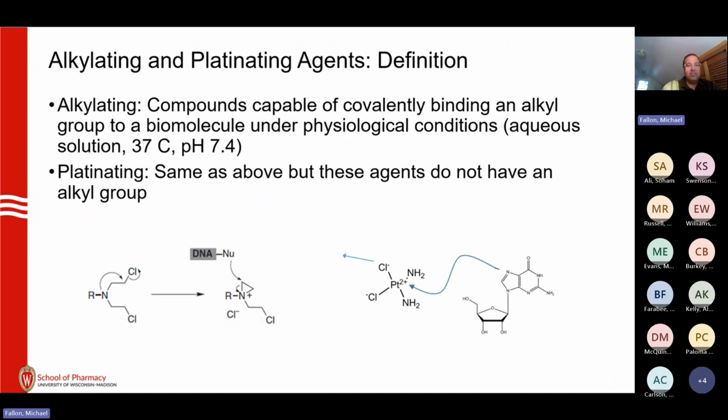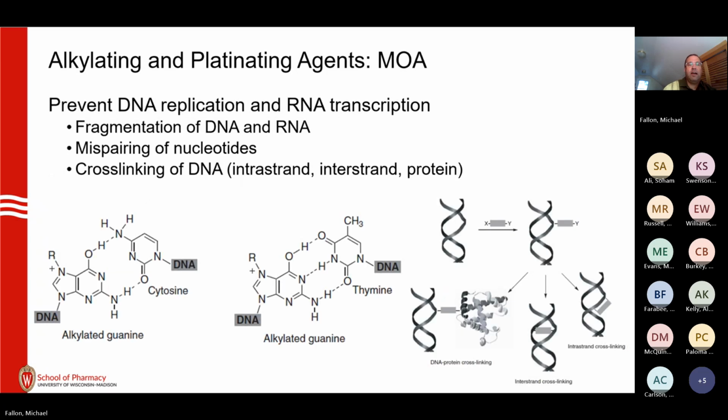The mechanism of action: essentially, at physiologic conditions, a nucleophile of the DNA attacks the aziridinium portion of the molecule and ends up forming a covalent bond. It is really the same for both the platinating agents and the alkylating agents. After these bonds are formed, several mechanisms happen.